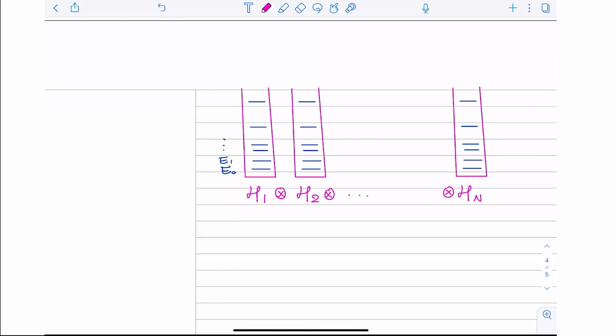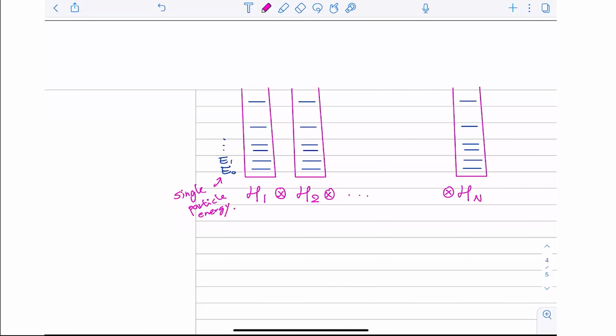And here, this E0, E1 is basically the single particle energy.